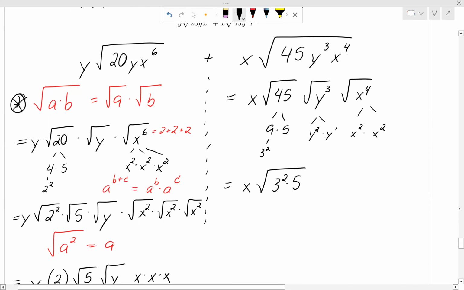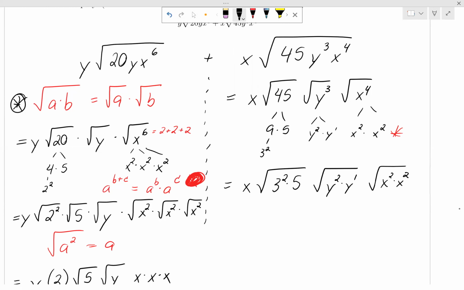I can do that because of this property right here, like we did with the x to the sixth. I'm circling it in big red right here, this red dot. I use that property again right here with these x squareds and these y's. So I get square root of y squared times y to the 1 and the square root of x squared times x squared.